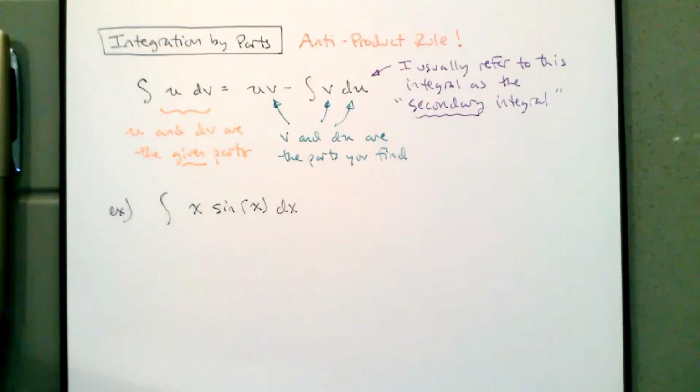The first step in using integration by parts is making sure that you're not looking at a substitution problem. So we look at x times sine of x. There's not really an inside function. This doesn't look like the composition of functions. This looks like a product of functions. So step 0, this is not substitution.